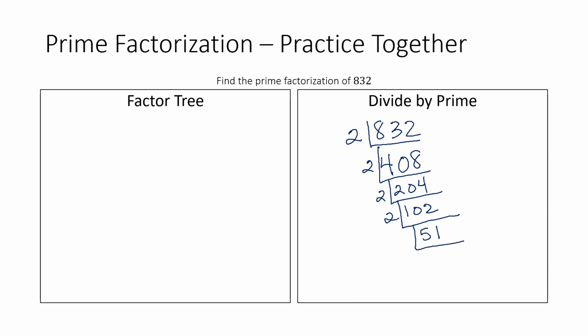All right, well, 52 is divisible by 2 again... 17 is prime, so I'm done. So I have 2 times 2 times 2 times 2 times 3 times 17.